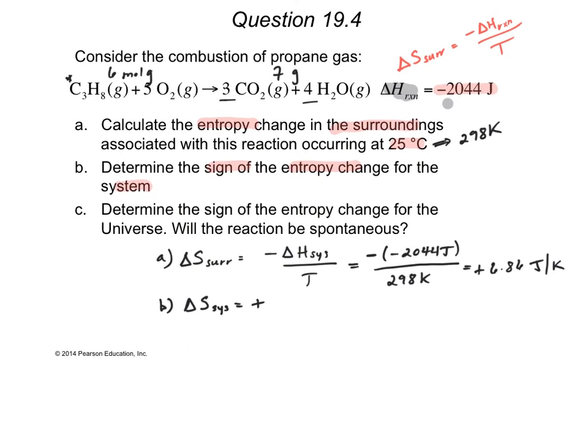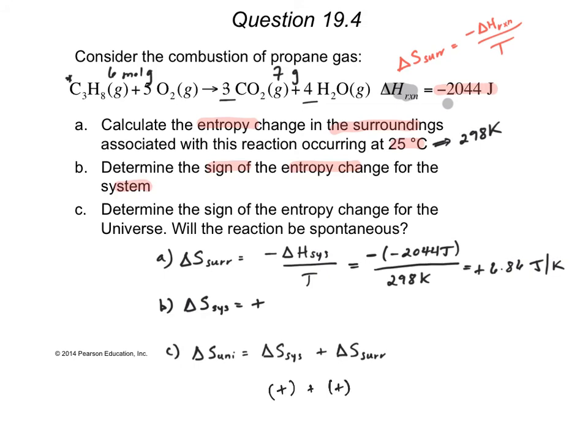So now we're going to combine these two to predict whether or not we're going to have a spontaneous process. As a reminder, the entropy change for the universe is the sum of the entropy change of the system plus the entropy change of the surroundings. So what is my sign for the entropy change of the system? Positive, which we predicted in B. And then what is my sign for the surroundings?